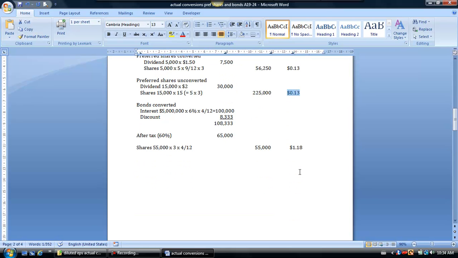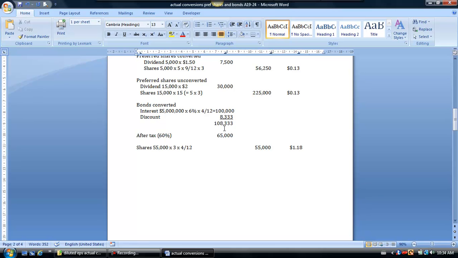Now, let's have a look at the bonds. This is a little bit different for you guys, so we need to pay a little bit of attention. We know that these bonds actually got converted on April the 30th, which was 4 months earlier, right? So what was the amount of after-tax interest that was saved on the bonds?